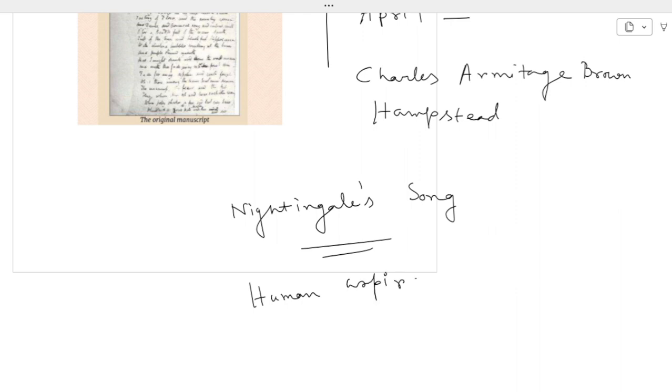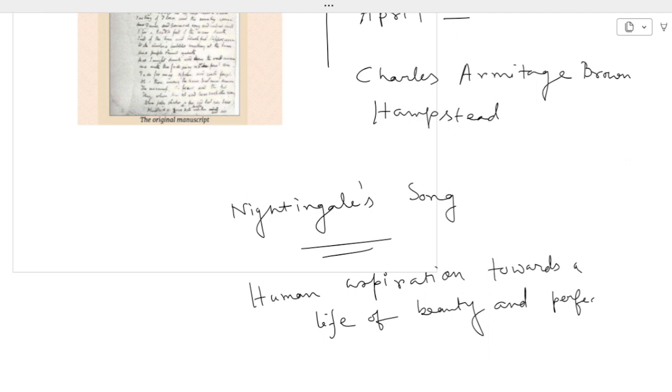The nightingale's song stands for the continuous human aspiration towards a life of beauty and perfection. That is the theme of the poem.